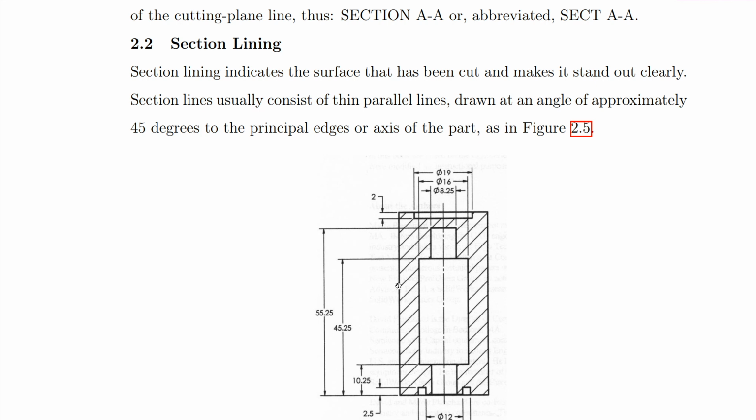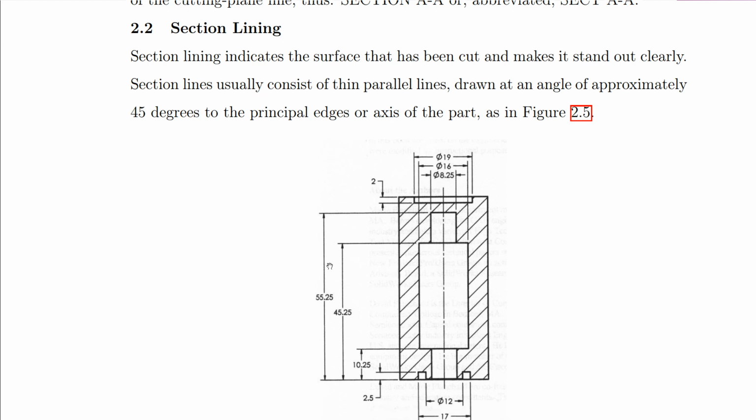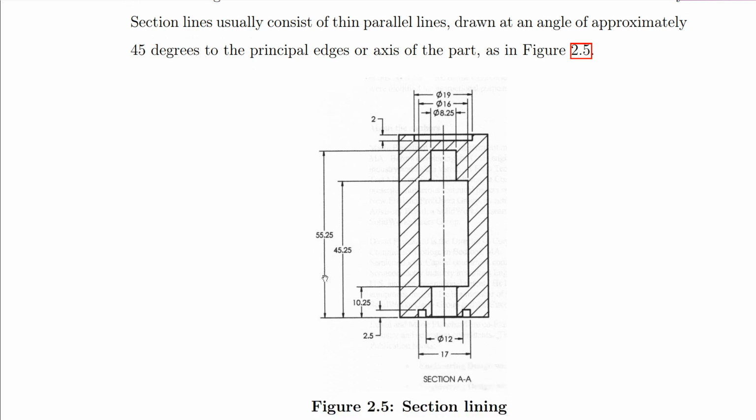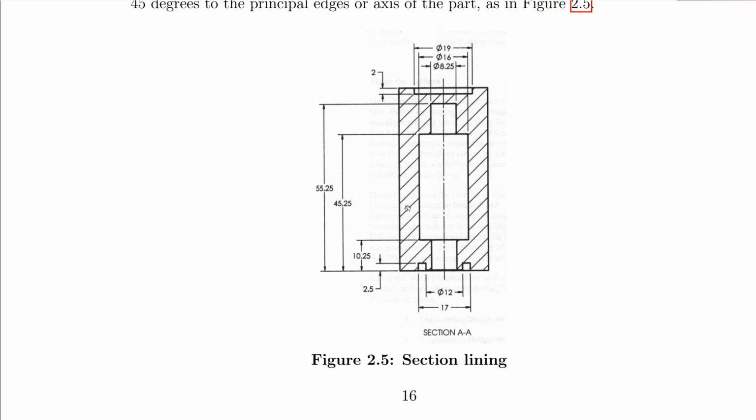And you have to ensure that this section lining or the hatch lines are equally spaced. Okay, the intervals between them are as equal as possible as we section through. So if we take this figure for instance, the section lining is these inclined lines that we can see here, and around the inclined lines we have the boundary.